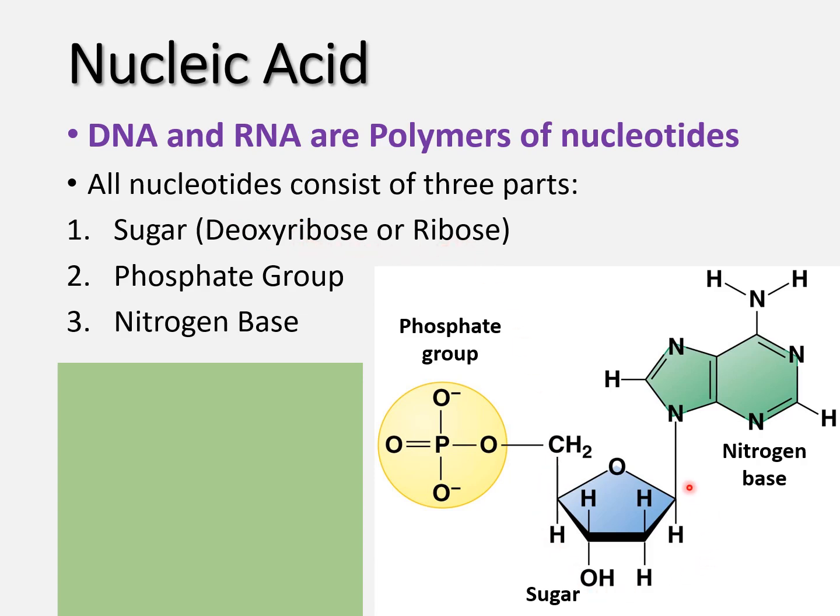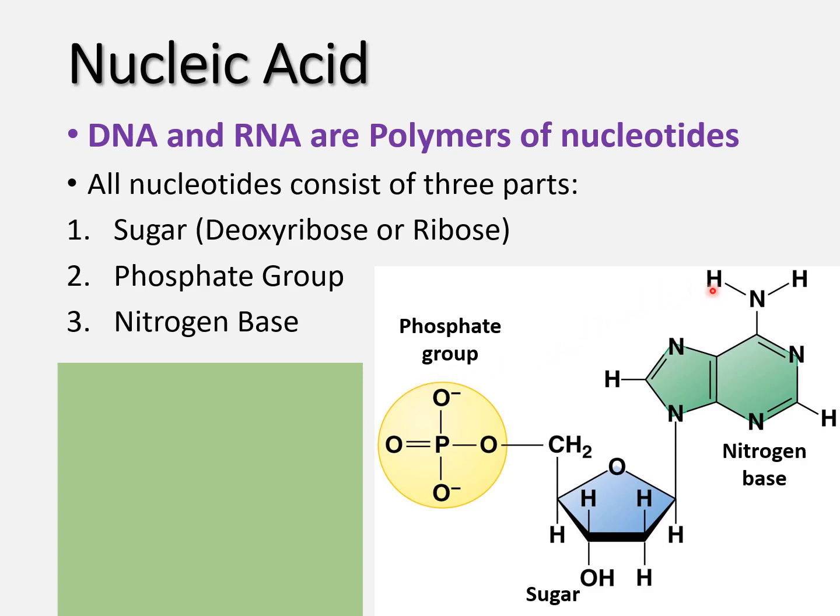So we have a sugar, which is either one of 2 sugars, and we've talked about these sugars before. These are monomers, monosaccharides, so deoxyribose and ribose. Okay, so that's our sugar, so it's going to be one of the 2.